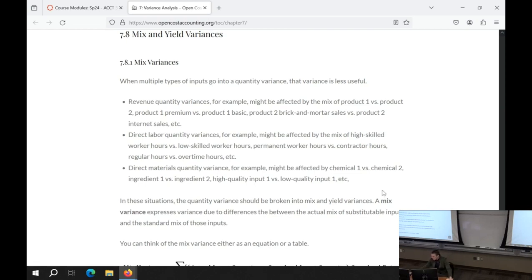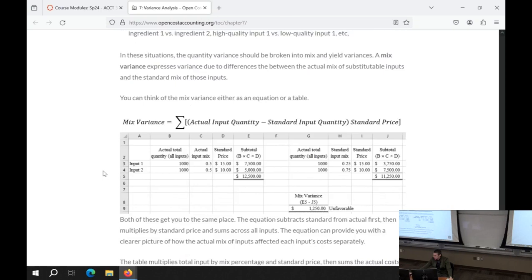So mix is trying to pull out this difference. You can conceptualize mix two ways. One is that the parentheses right here are here. So for every input, there is an actual input quantity versus a standard input quantity.